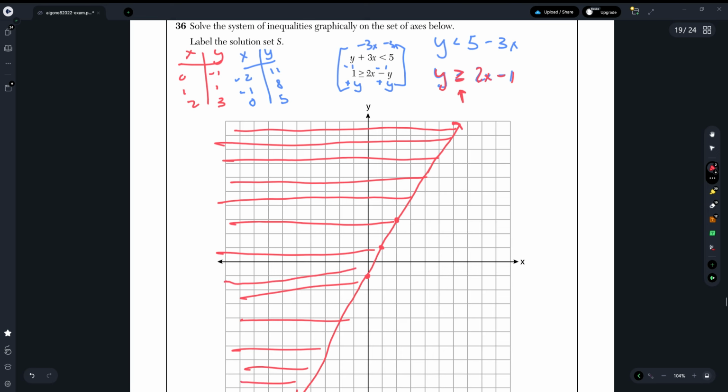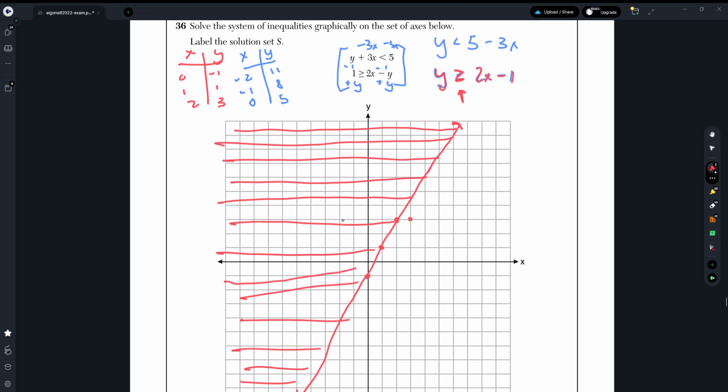Okay, and why is that? Well, since y has to be greater than or equal to it, the solution isn't going to lie here, right? Because, for example, here we have 1, 2, 3, but this is actually 1.